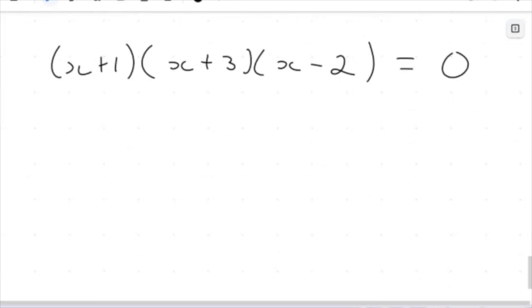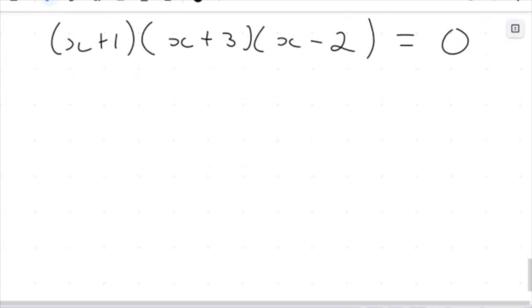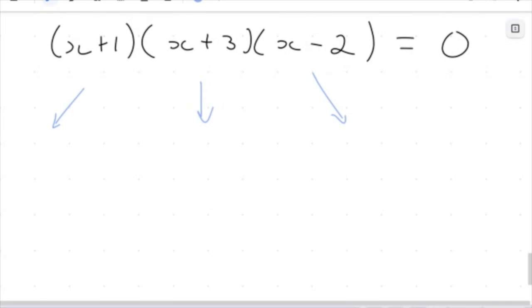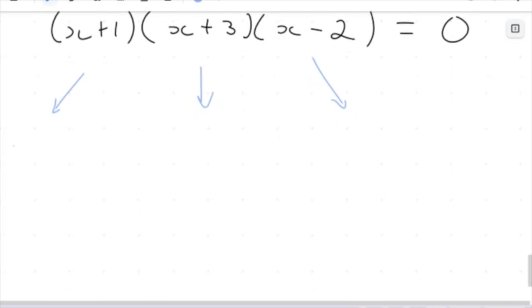And once again, now this looks really nice. This looks like what we used our null factor law for. We had 3 different factors all multiplying to give 0, so we can set up 3 separate equations to find the solutions of x to this equation that give 0 as an answer.